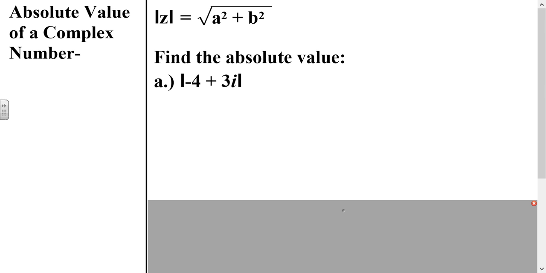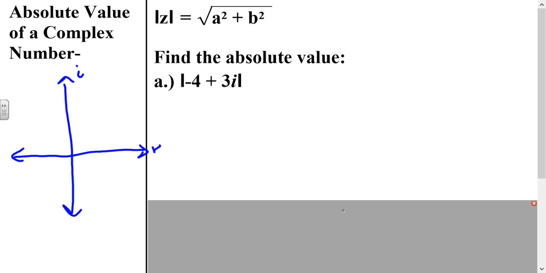Okay, now if we think about a graph, and we say that this is the complex plane, so we have the imaginary and the real, the absolute value of a number is how far a number is away from 0.